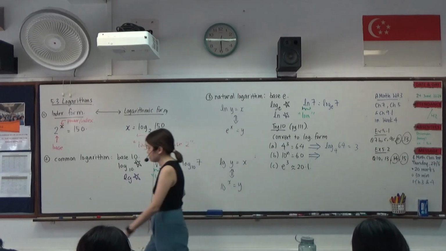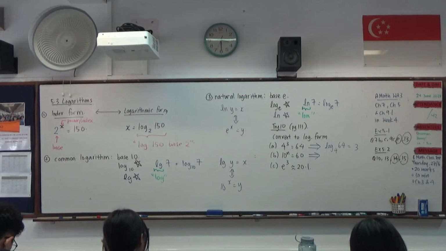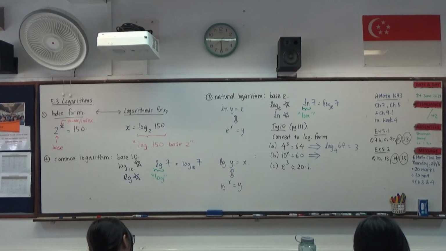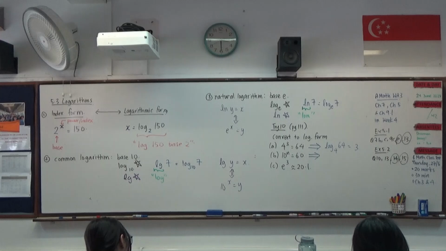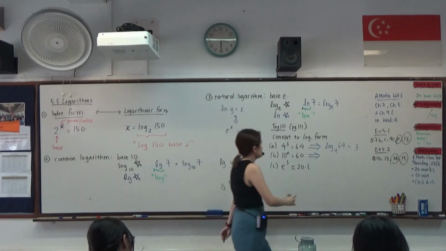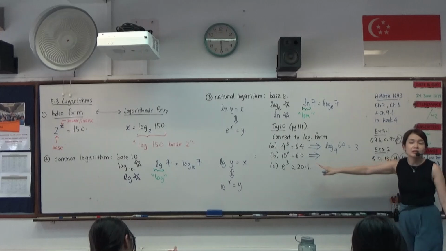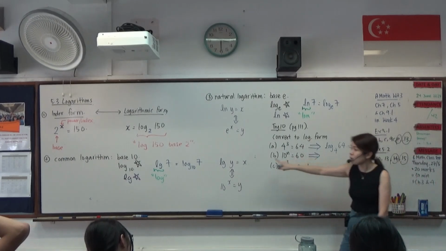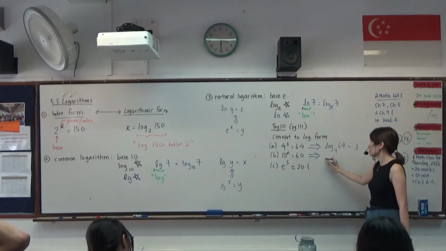What about part B? We have 10 to the power of n equals 60. The base is 10, right? So I don't need to put log base 10. We do our common logarithm, which is lg.